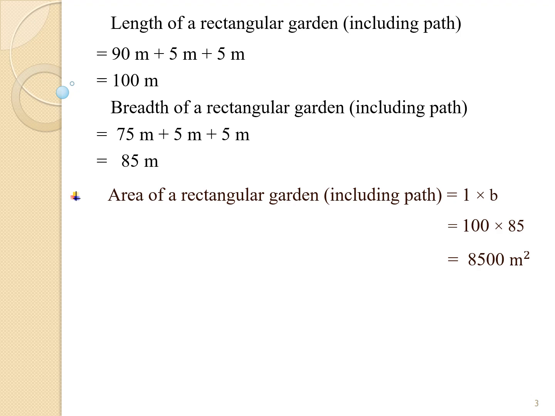Thus, area of the rectangular garden including the path is 8500 square meters.